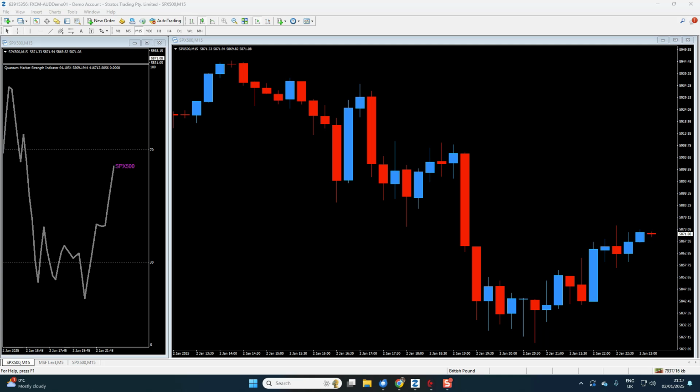And you use it in exactly the same way as we do with the Currency Strength Indicator, where we're looking for those turning points, those opportunities where we can get into a trend early, because that's what this is all about. Because if you can identify those regions on the chart with confidence, then you will get into that trend at the start, and not, as most trend traders do, get into it once it's under development, which is absolutely fine, no problem with that at all.